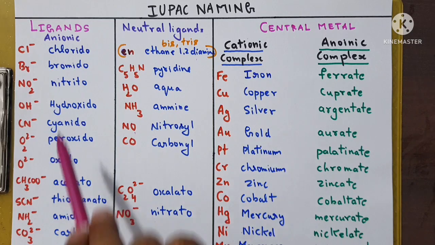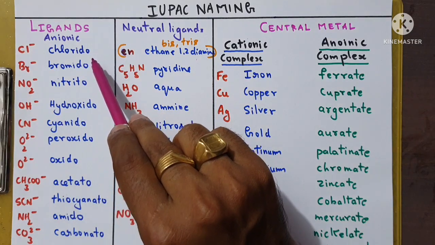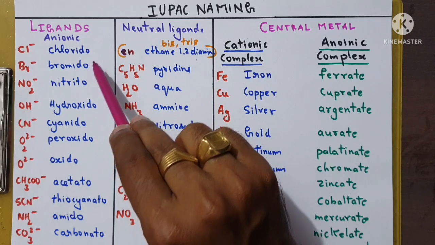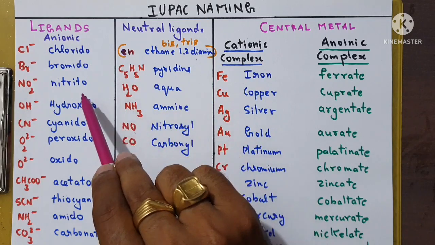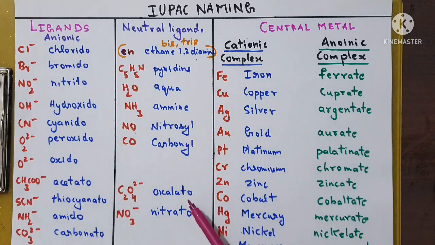Remember children, when you are naming the anionic ligands, their names end with O. Chlorido, bromido, nitrito, hydroxido, all end with O. Oxalato, nitrato. This is all about the different types of ligands, which is very important for your entrance examination.